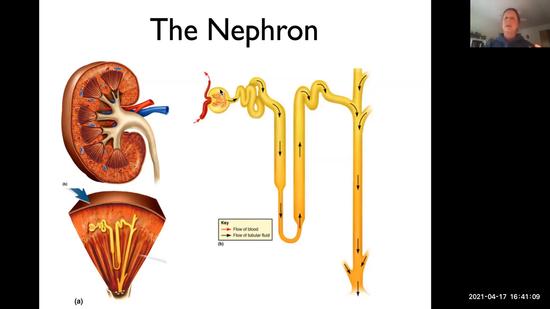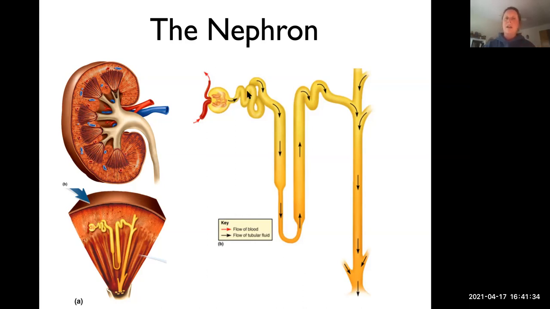So its job is really just to catch everything that's leaking out of the capillaries. And after that, the fluid passes into this really curvy, twisty tubule. And it's named the proximal convoluted tubule, abbreviated PCT, but you need to know the full name, so don't get too caught up in the abbreviations.